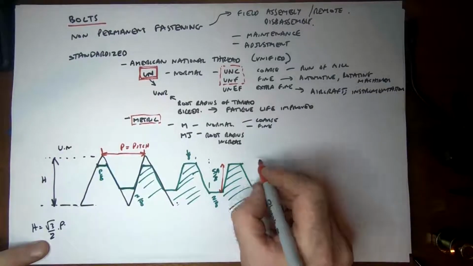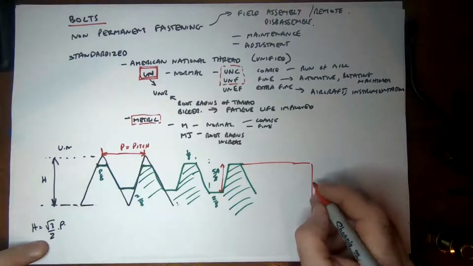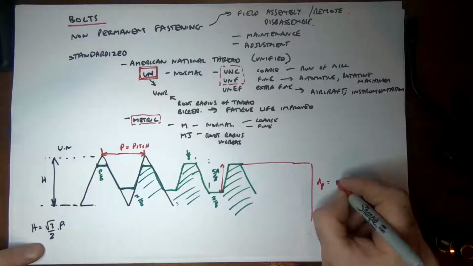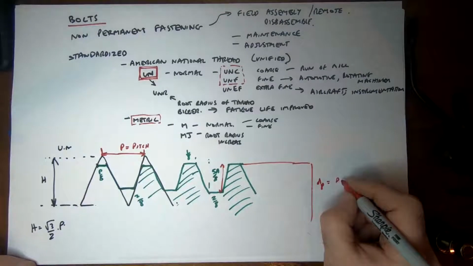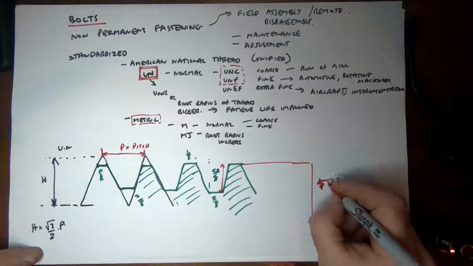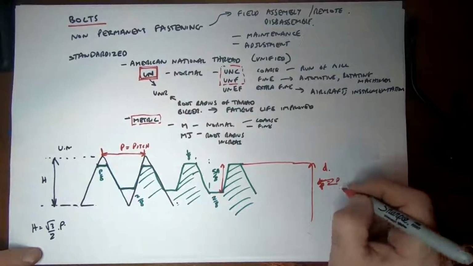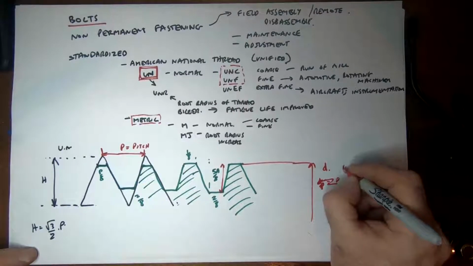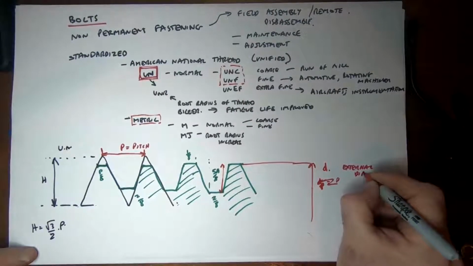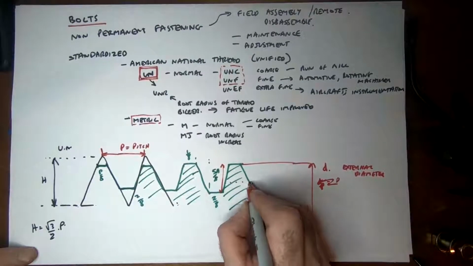The other parameters that you need to know is this external distance here. We would call our pitch diameter. Sorry, that's our diameter, not our pitch diameter. It's the external diameter of our thread. The pitch diameter comes in around here.